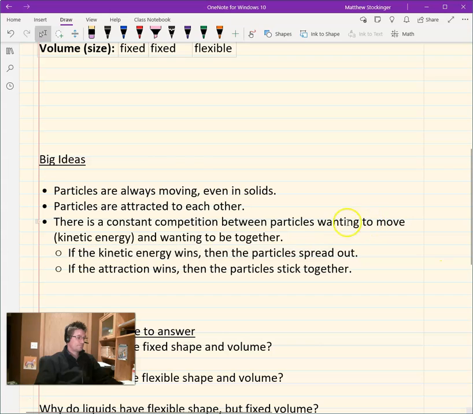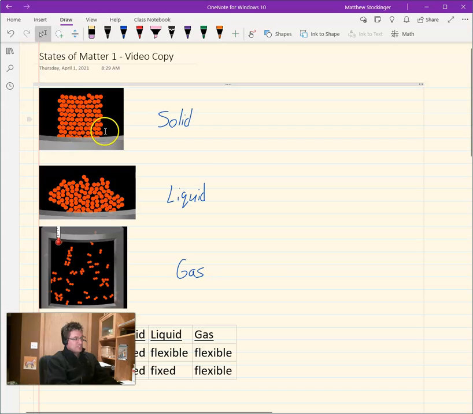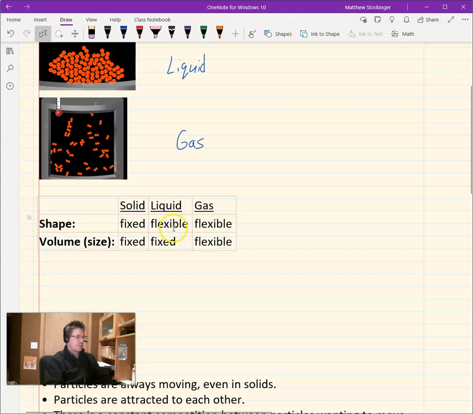Okay. So, question: why do solids have fixed shape and volume? I'll do this one for you. In a solid, let's look at our particles. Why doesn't my keyboard ever change shape on its own? But liquids and gases do. Liquids and gases have flexible shape.